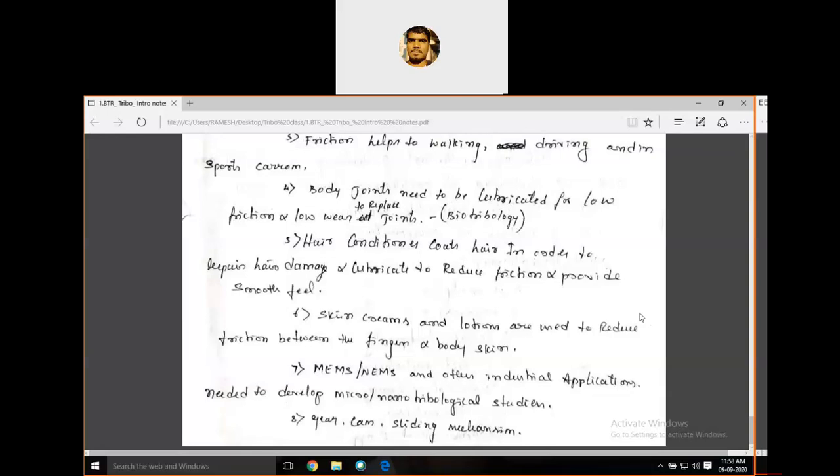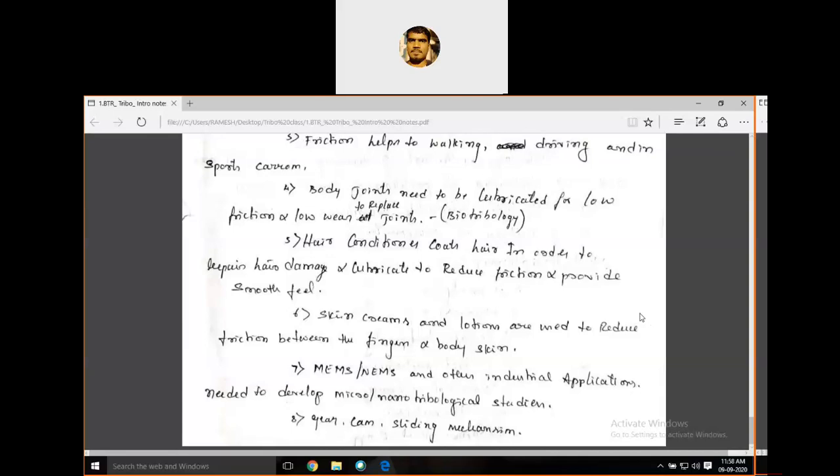Next, NEMS and MEMS are other industrial applications, with micro and nano tribological studies. It is an industrial application. NEMS, MEMS, next gears, cams, etc. They all need lubrication. Gears and cams need to transmit power from one place to another. There should be contact between the two surfaces.